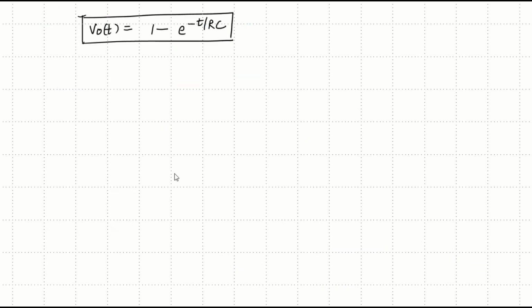So we get the response of this RC network, V0(t) equals 1 minus e raised to power minus t upon RC. Let us draw this V0(t) with respect to time and do further analysis. If I start with t equal to 0, this exponential term becomes 1 and the output V0(t) will be 0.